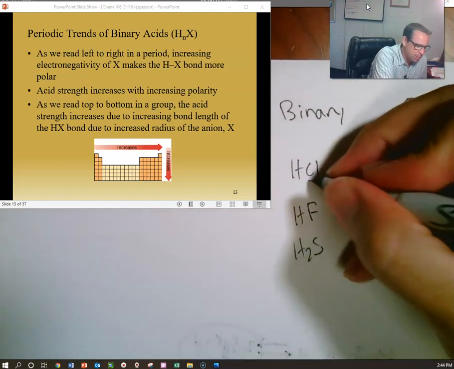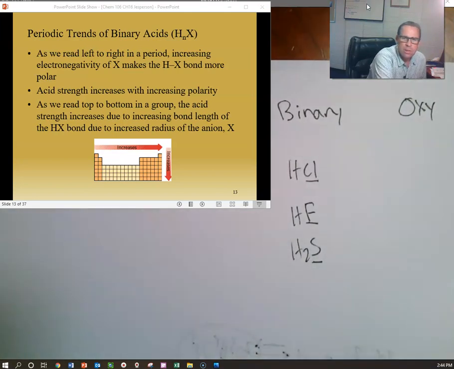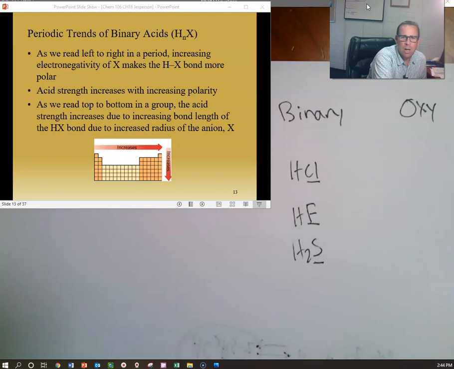Basically, you just take some element and put hydrogen, one or many, in front of it to form a compound, and the result is what we call a binary acid. Okay? And the strength of these binary acids increases as you head to the right and then down on the periodic table.